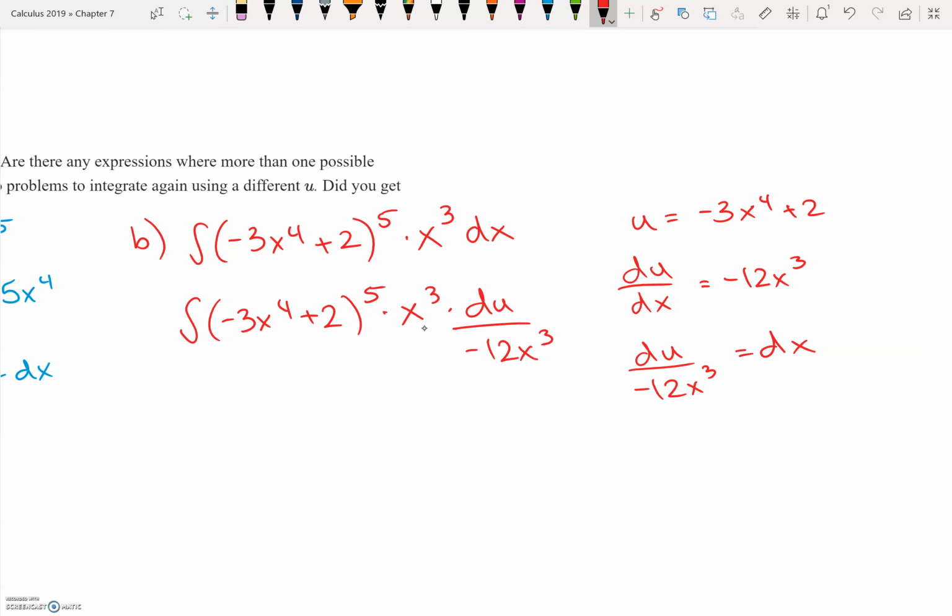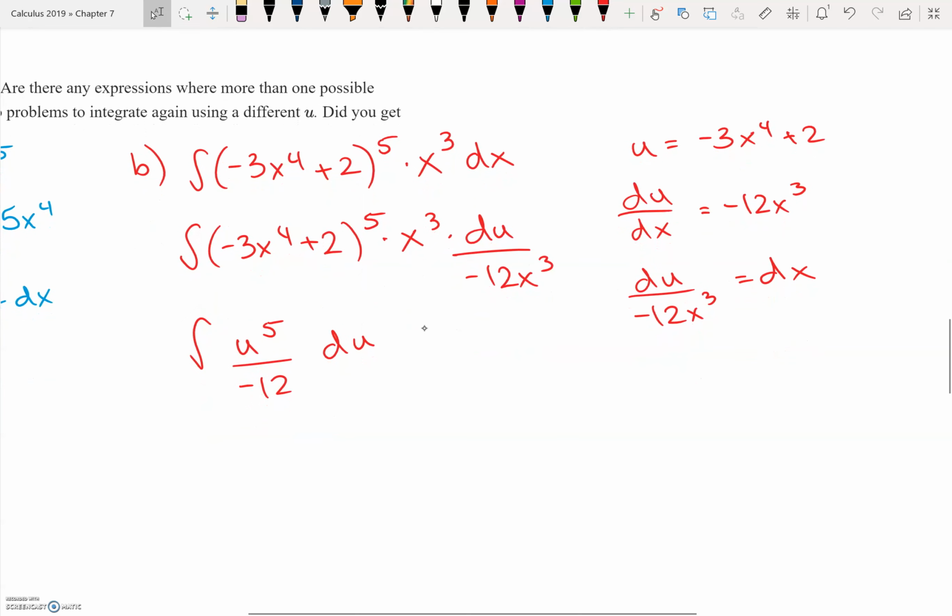We are going to replace this with u. We're going to cancel out the x cubes. Divided by -12 du. We are going to integrate u to the fifth, turns into u to the sixth, times a sixth, times a -12th plus c.